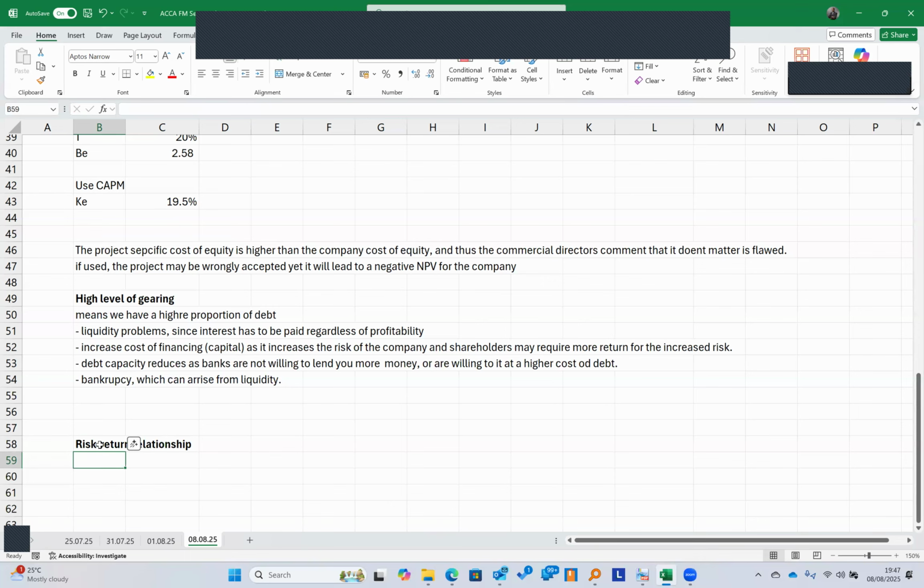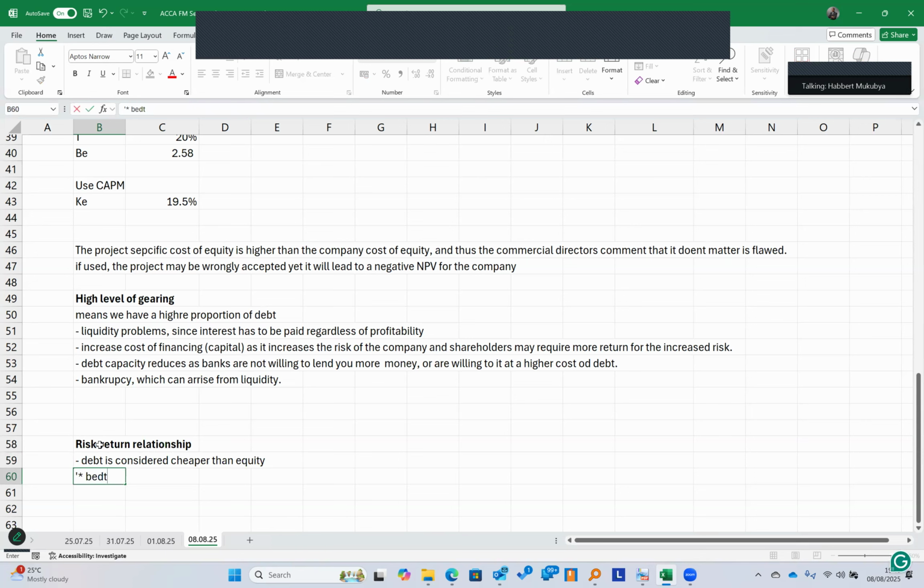Or rather, how is it that when you want to raise equity finance or debt finance, different people want different returns? What's the relationship there? First of all, you need to know that debt is considered cheaper than equity.